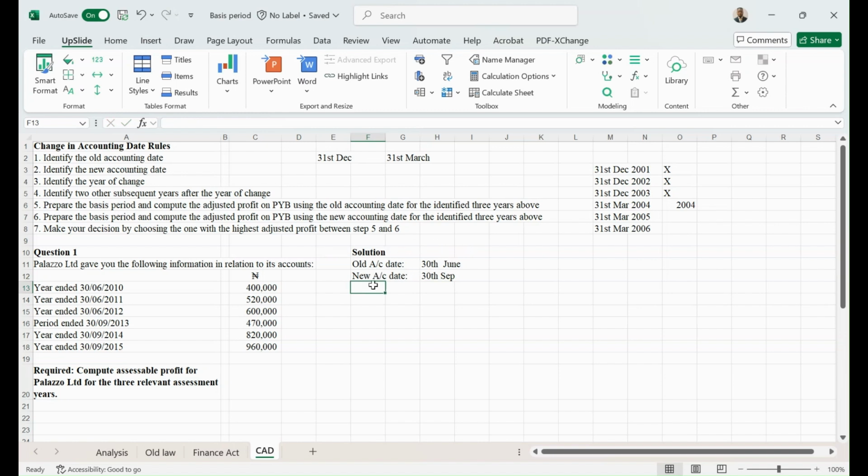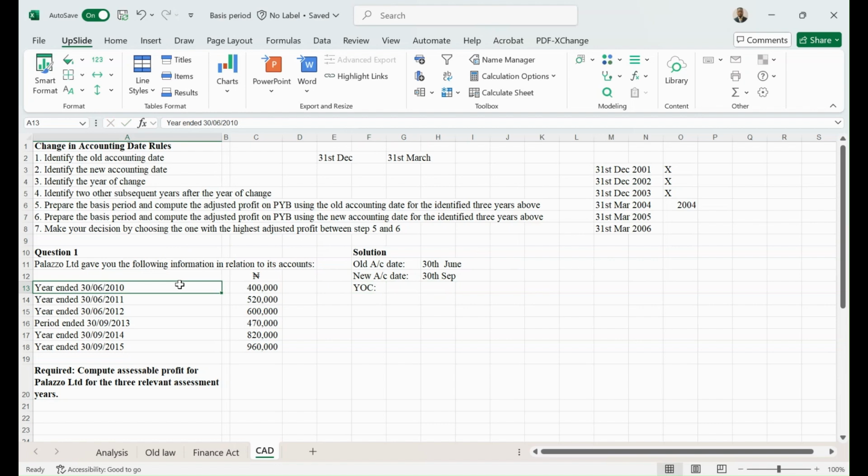The next is, what is our year of change? How you see the year of change is very important. So let's go back to the question. As at 2010, the old accounting date was used, so 2010 is not the year of change. As at 2011, the old accounting date was used, so 2011 is not the year of change.